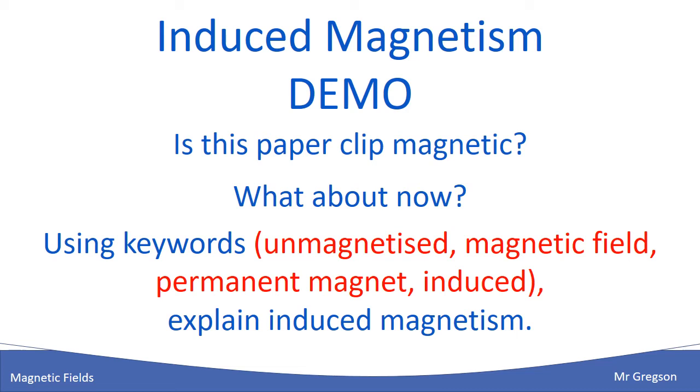So at home, guys, could you on your revision sheets just add in a little explanation of induced magnetism? You've heard me repeat it a couple of times. Go back over, wind it back a little bit, play it out, just turn it into your own words.